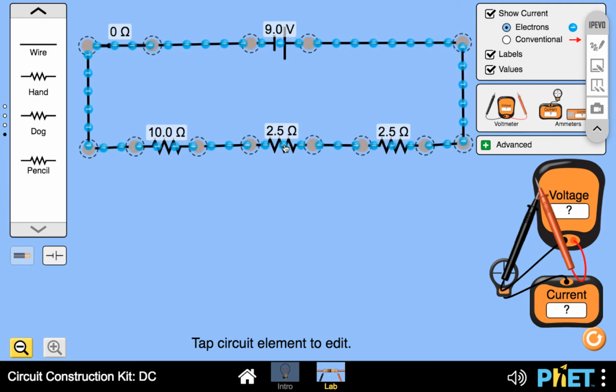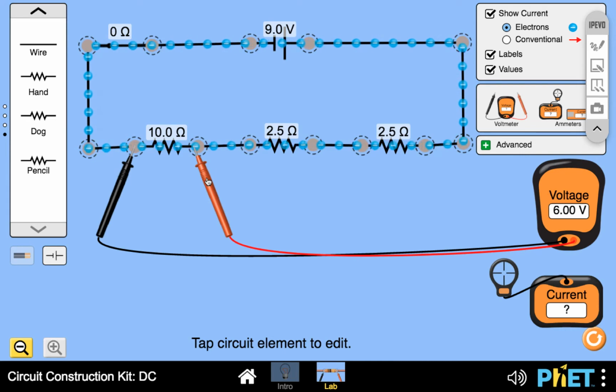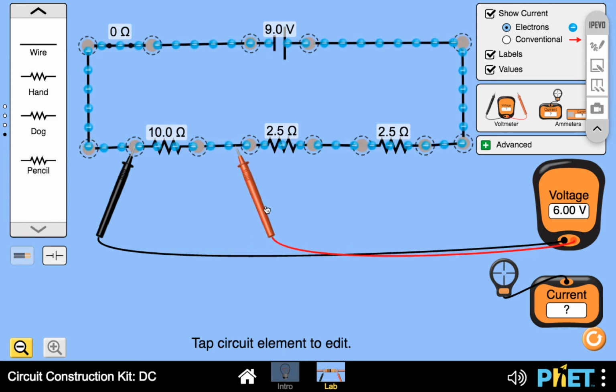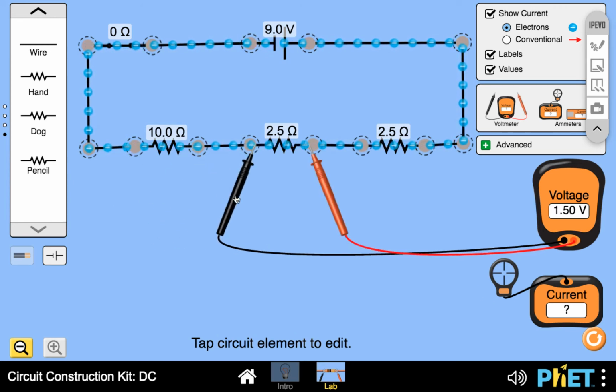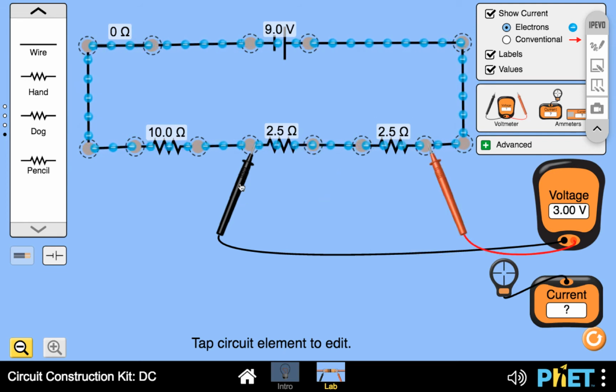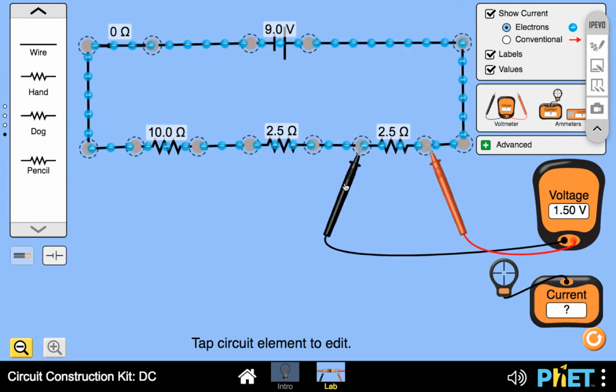Okay, we can confirm this using our voltmeter. As you can see, the 10 ohm resistor has got 6 volts across it. Let's move on to the 2.5. The 2.5 ohm resistor in the middle has got 1.5, and we expect the same for the last 2.5 ohm resistor.